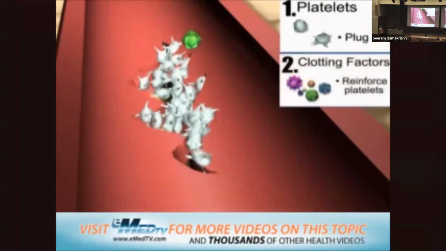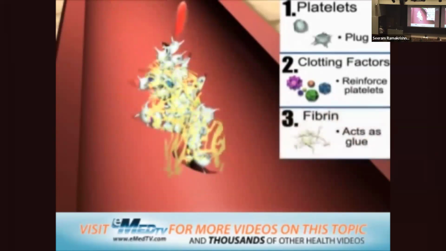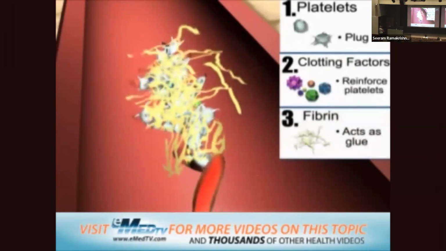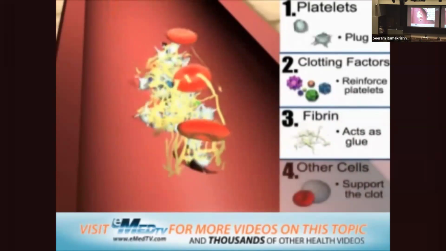These other materials are called clotting factors. As the clotting factors float by the tear, they become activated or turned on and add themselves to the platelet plug. A special kind of clotting factor can weave itself together with others of the same kind and form a web of fibrous tissue called fibrin. This web acts like glue and holds the platelets and the other clotting factors together, creating a blood clot.